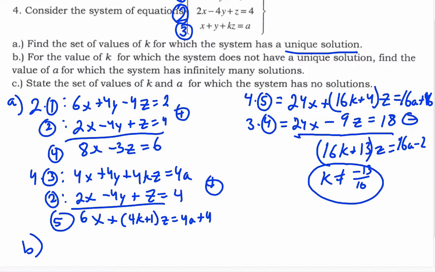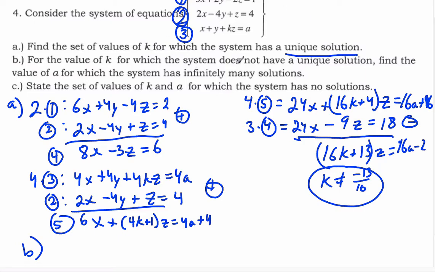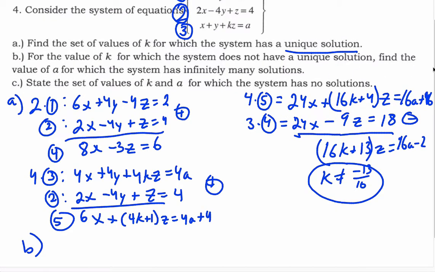Okay, part B. For the value of k for which the system does not have a unique solution, find the value of a for which the system has infinitely many solutions. So they're talking about when k equals negative 13 out of 16.